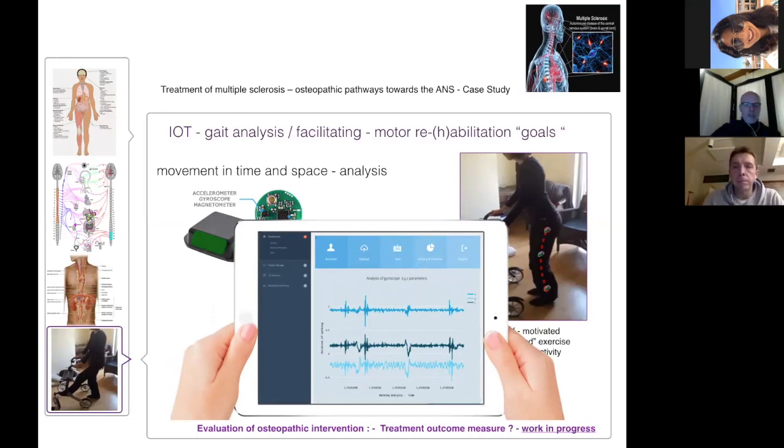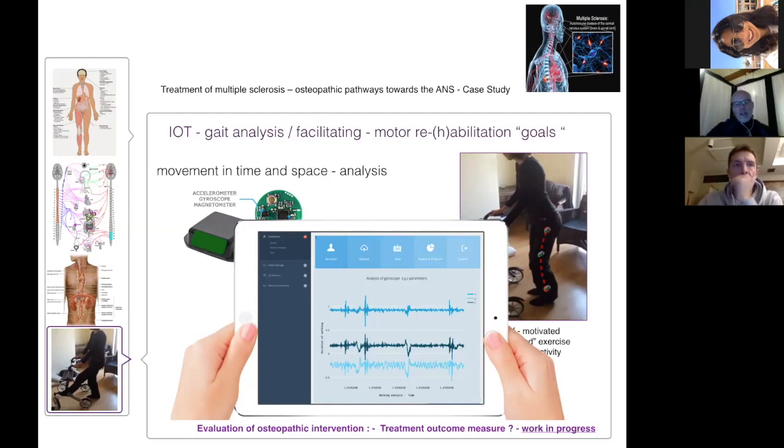And what's nice is that this gives good feedback as well, in terms of showing how various modified exercises, motivated exercises, give a constant result of good outcome in terms of ability according to the nature of how they feel.